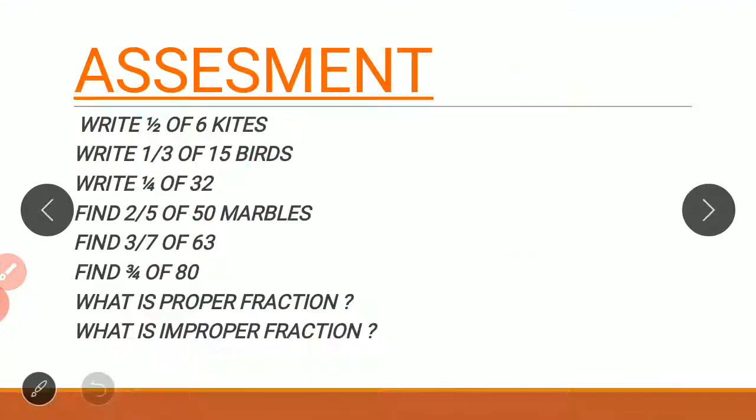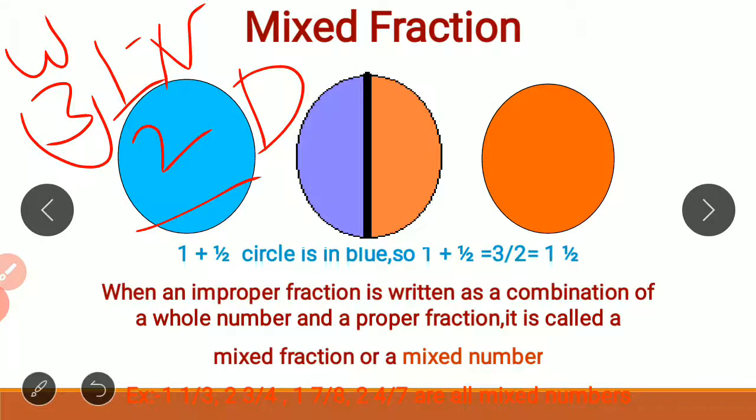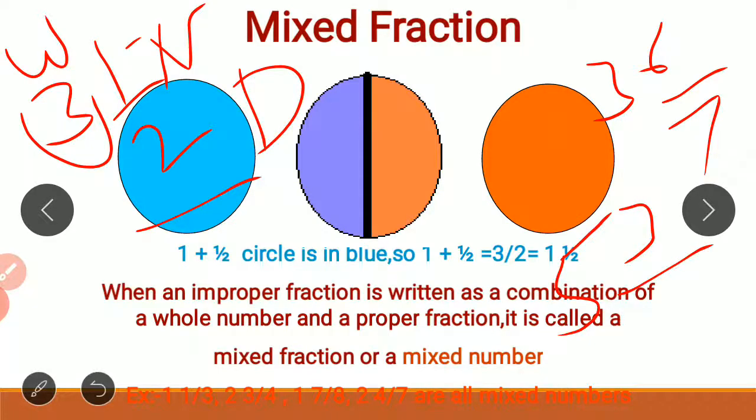This way we can take some more examples, like 3 into 6 by 7, also a mixed fraction, and 5 into 3 by 6, it is also a mixed fraction. This type of fraction is called a mixed fraction.